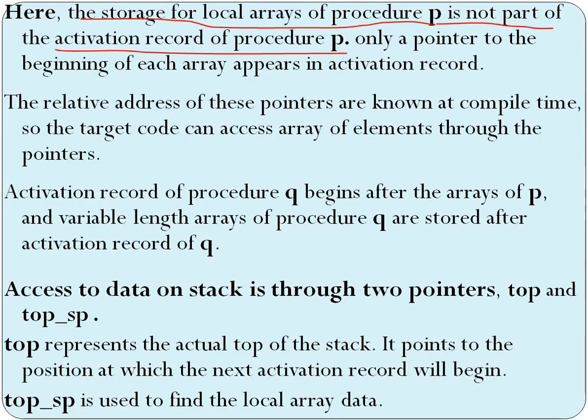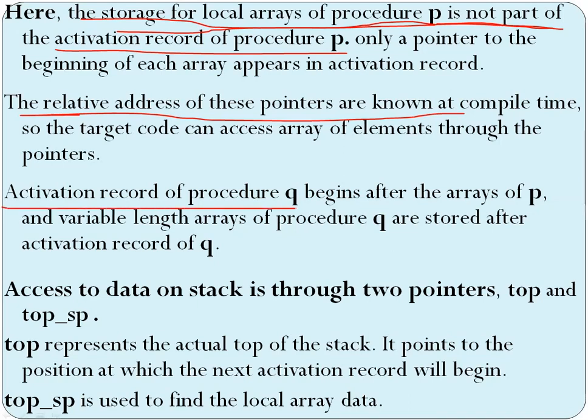Only a pointer to the beginning of each array appears in the activation record. The relative addresses of these pointers are known at compile time, so the target code can access array elements through the pointers.